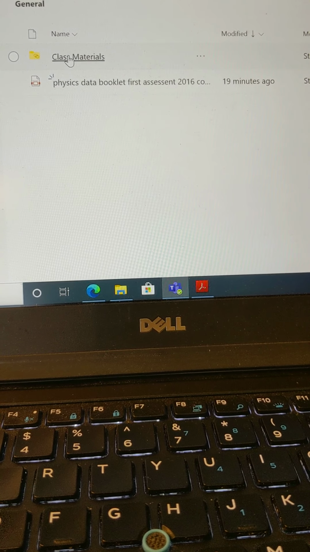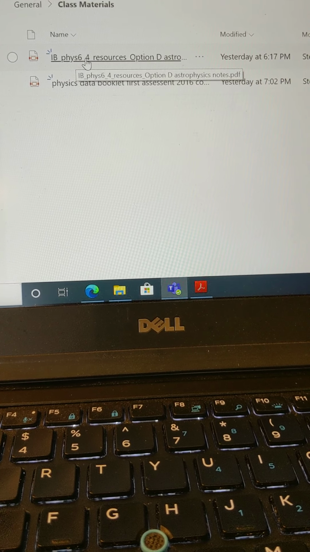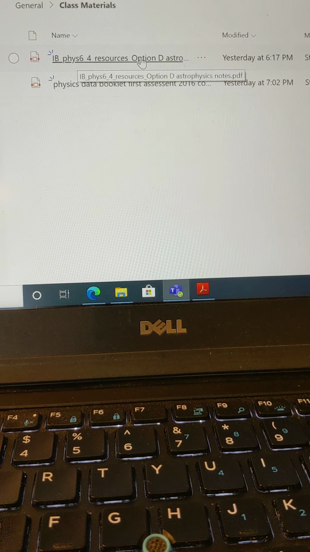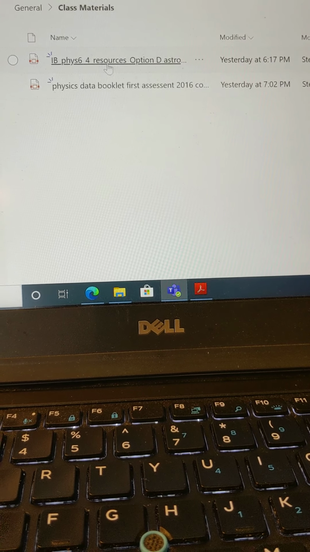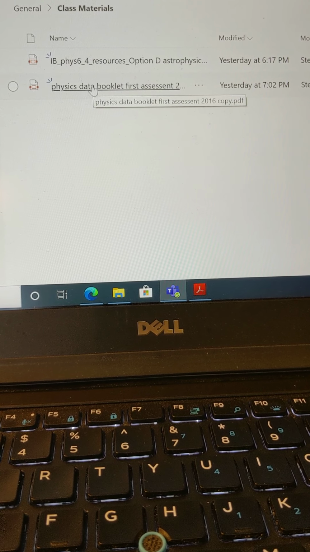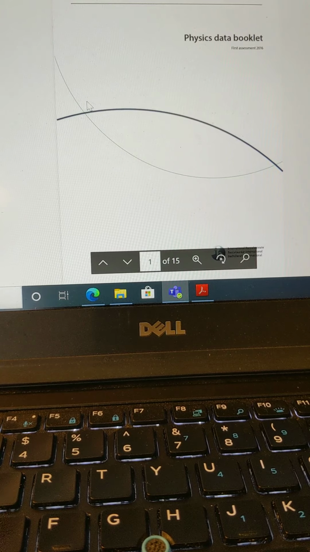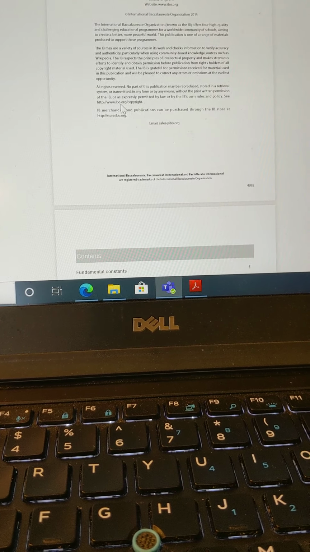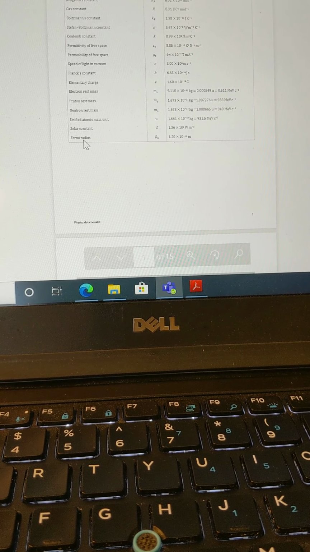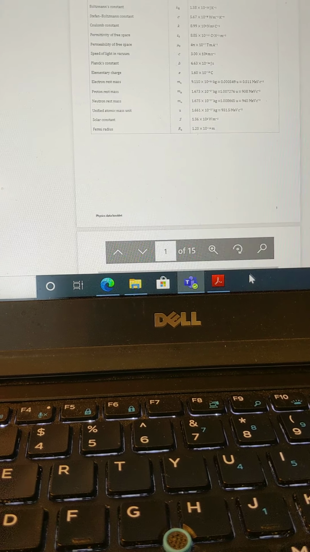If I go to class materials, I'll see the data sheet again, plus the IB Physics resources option. So there's a PDF file that I'm using to get my notes from. It's like a textbook. Go to the data book, and then I will find the mass of a proton. Make it a little bigger.